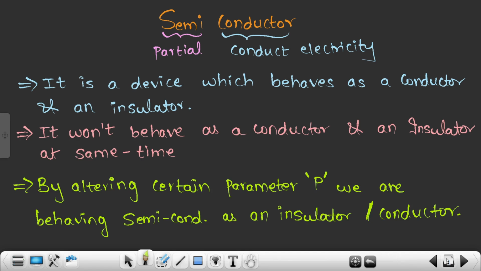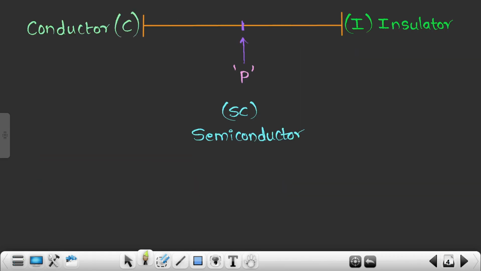So let's move further and discuss this particular topic in a little more detailed way. This is just a short diagram, or you can take it as a short graph, which will help you grasp this concept. Let's assume this is my parameter and this is your semiconductor. Let's assume I want my semiconductor to behave as a conductor.